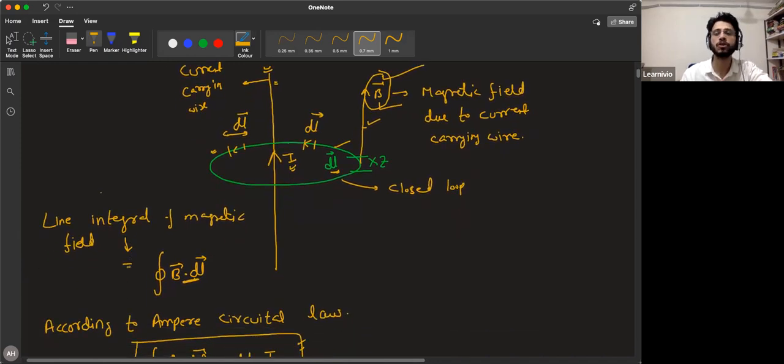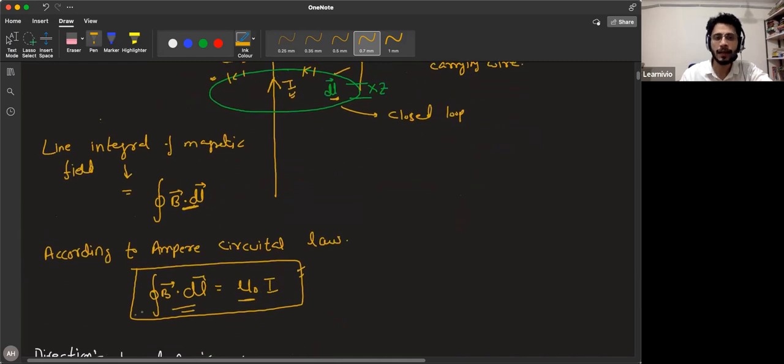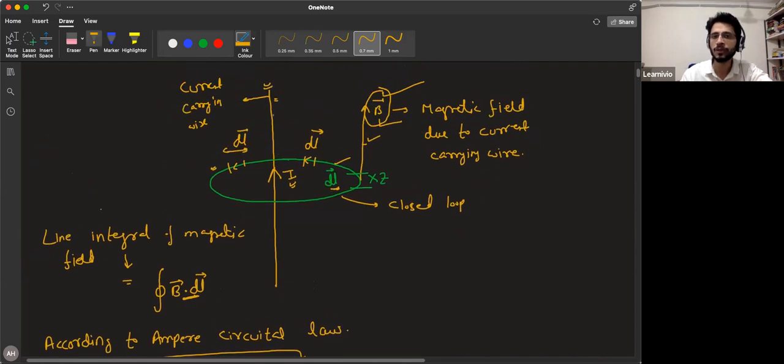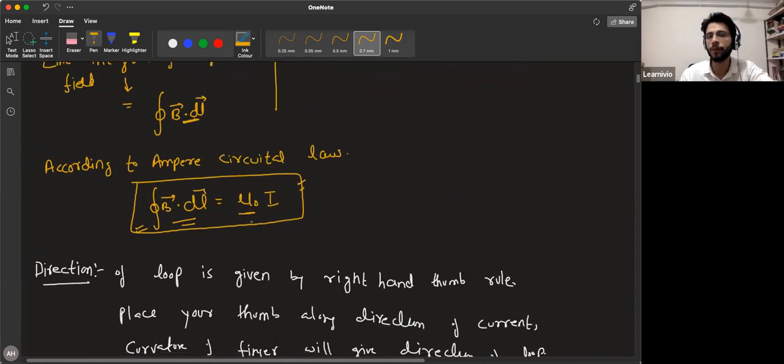Ampere's Circuital Law says that the line integral of this magnetic field is mu naught times the current I passing through the loop. Through the loop, this conductor is passing. The current through the conductor is I. So you can say that the line integral of magnetic field is mu naught times the current I passing through the loop.